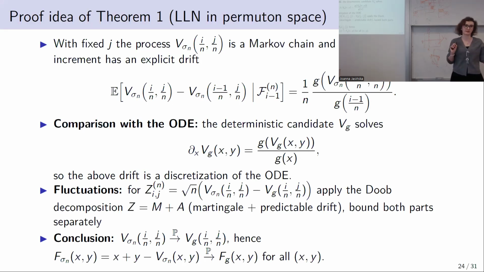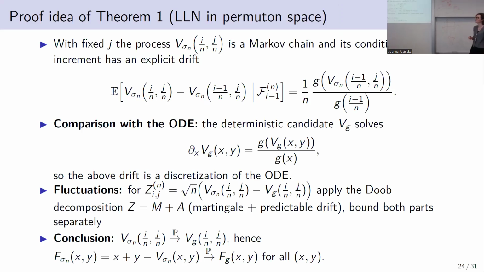So how do we prove this? That's the most fun part. Our method was to notice that if we fix the J, then this process V sigma n, so the long sequence of my L-shaped regimes, is a Markov chain. And we know the formula for the conditional increment of this Markov chain.